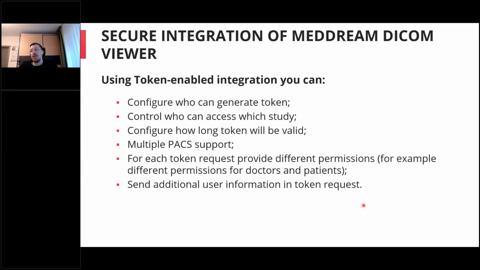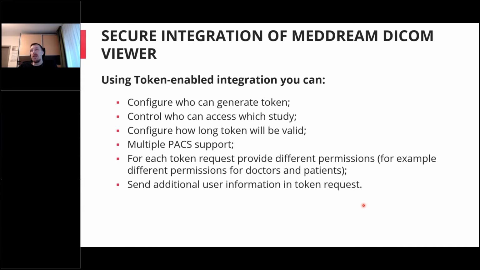Also, in your HIS or your application, you would be able to control who can access which study. You would send the token request only when the user actually can access this data. Also, it is possible to configure how long a token will be valid. By default, when you install it, it will be valid for 2 or 3 minutes, if I remember correctly.